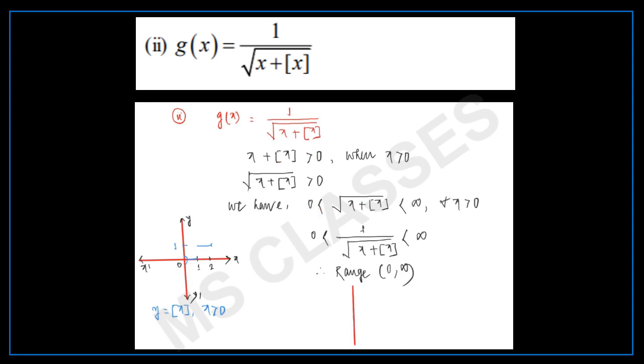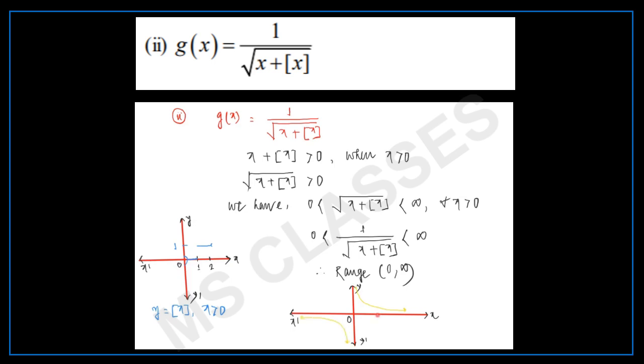Now for this part, when it is greater than 0 and less than infinity, you can take the help of 1 by x to understand. This is y, this is x prime, this is origin, this is x, this is y. Now here if we draw, this is the graph of y equal to 1 by x.